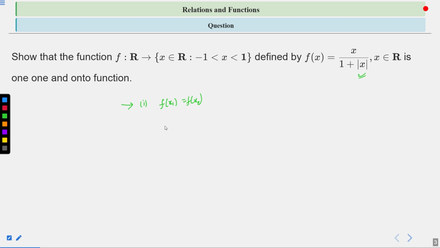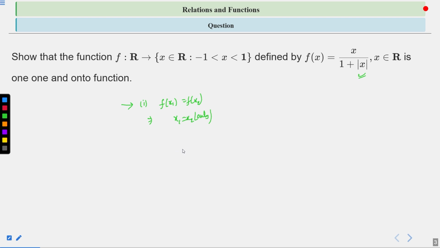Then when we solve this, we should get x1 is equal to x2 only. This is the analytical approach, so we will go with the analytical approach in this question.